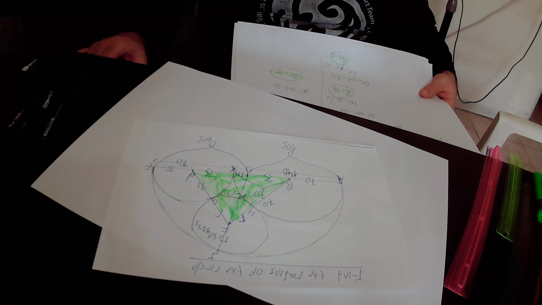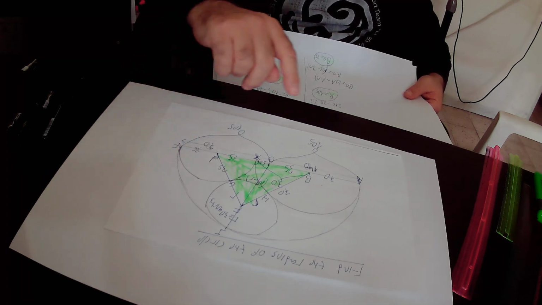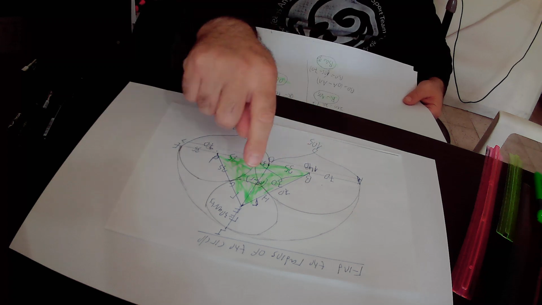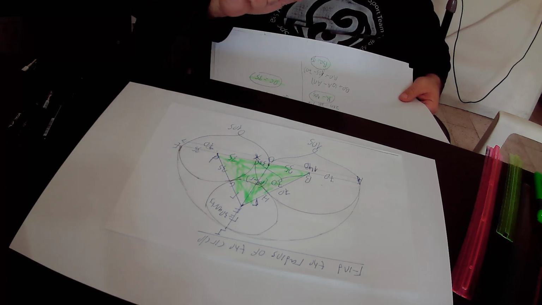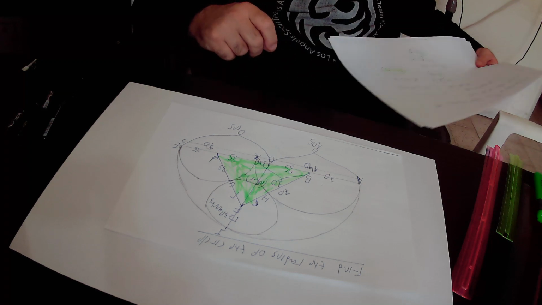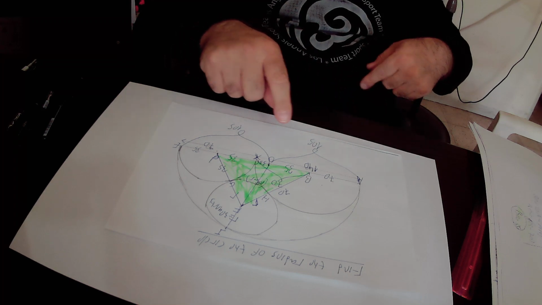Okay, so first of all we defined the radius of the biggest semicircle as capital R, and the radius of the small circle as small r. Then we gave names to the relevant points here.